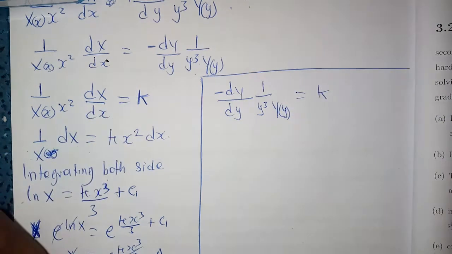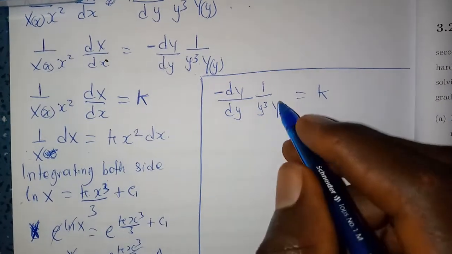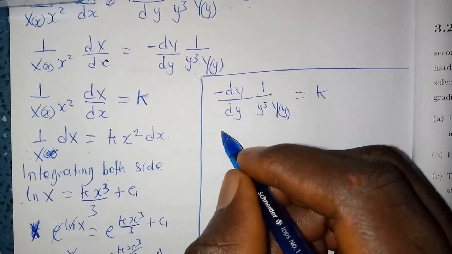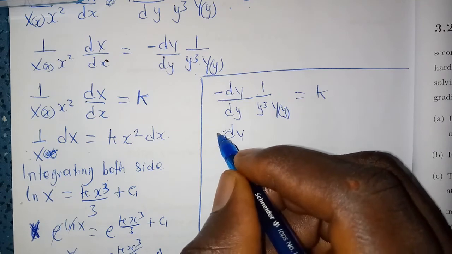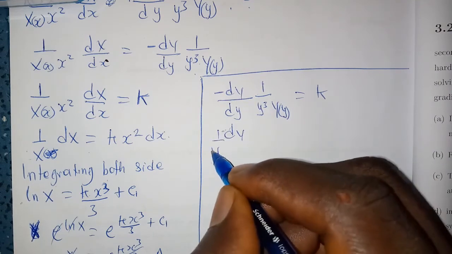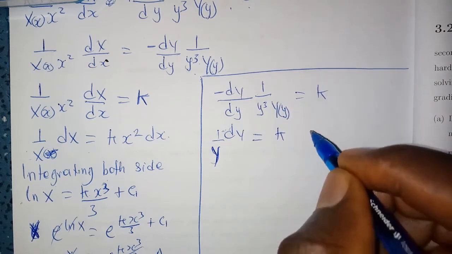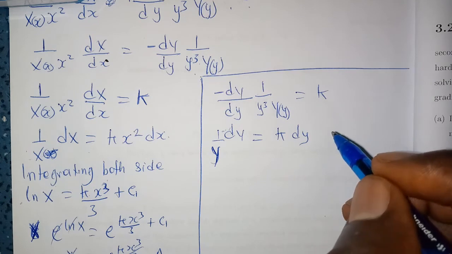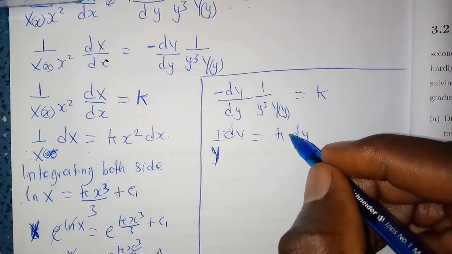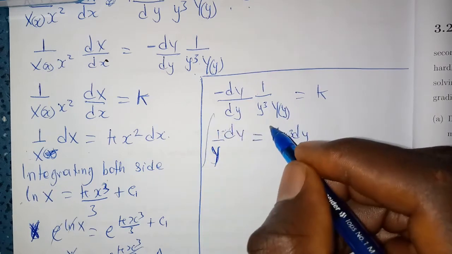So from there, we just cross multiply such that we get dY over y is equals to k y cubed dy. That's ky cubed. So we integrate both sides.